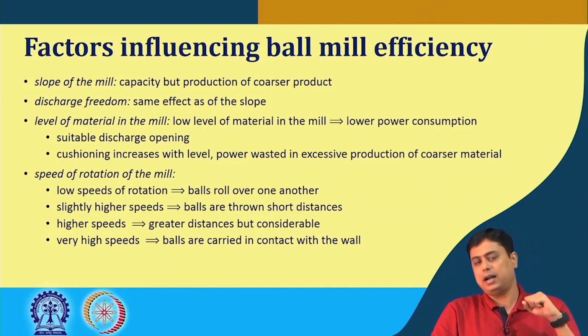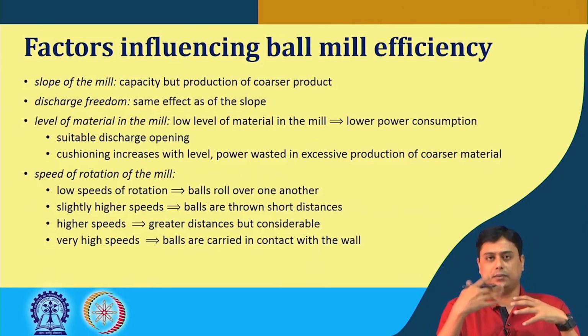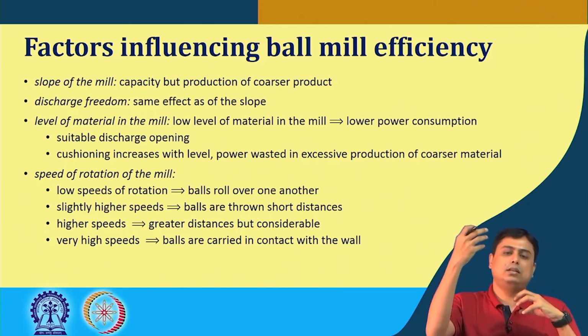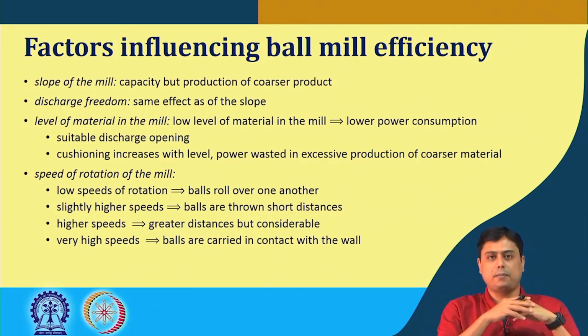If that happens, that is the ideal scenario. So at low speeds of rotation, balls roll over one another. If you increase the speed a bit higher, the balls are thrown at a short distance. If you increase it to a higher speed, that distance of travel increases.